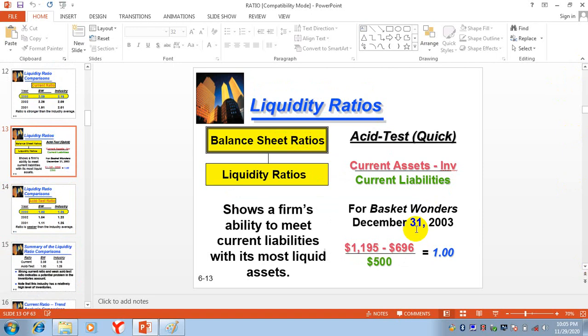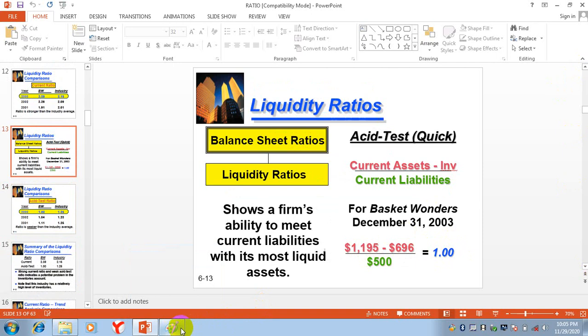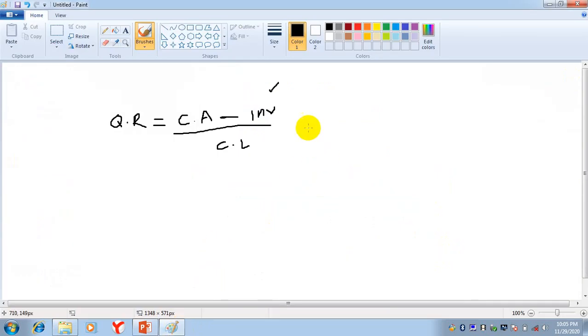So we got 1. Our ratio is how much? It is 1.00. 1 is considered good.